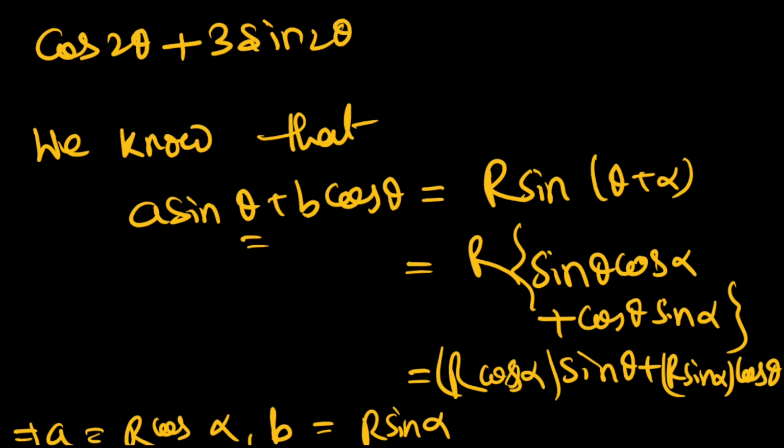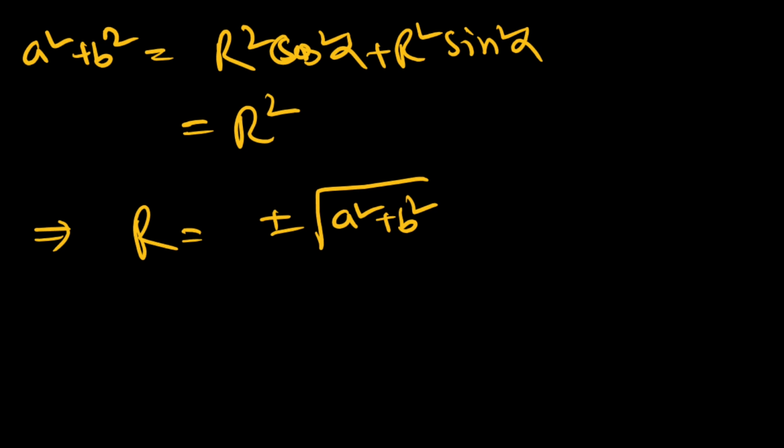So we get this r value. We want the maximum value of this function, r times sin of theta plus alpha. The maximum value of sin is 1, therefore this function's maximum value is r, meaning plus root under a square plus b square.